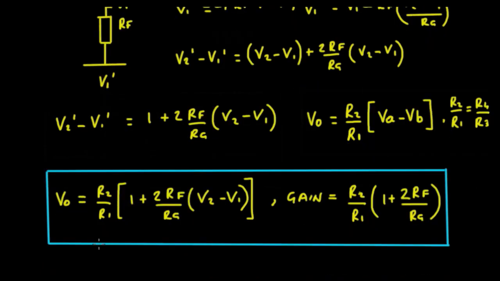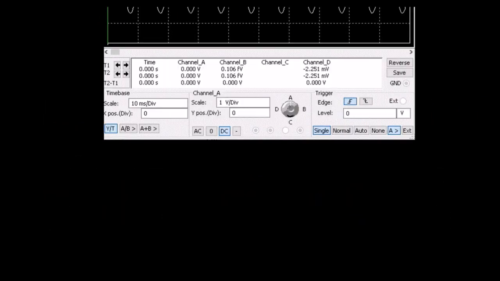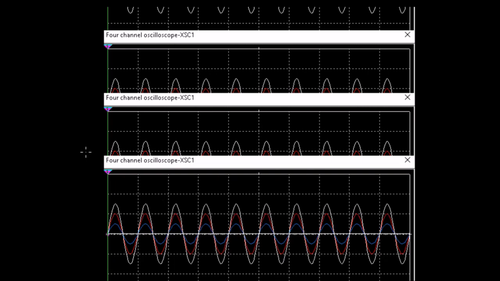So finally V out is equal to R2 upon R1 times 1 plus 2 RF upon RG times V2 minus V1. So the gain of this is R2 upon R1 times 1 plus 2 RF upon RG. You can read through that and do the derivation and convince yourself that that is in fact the case.